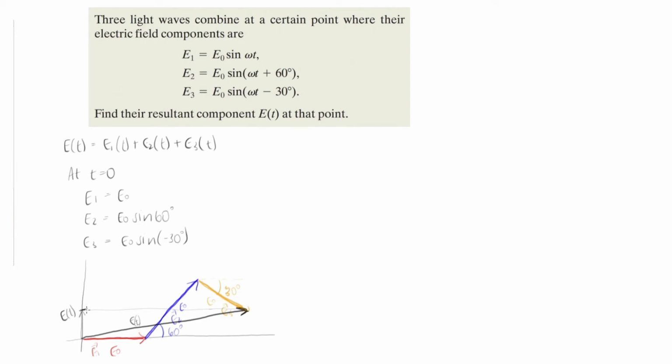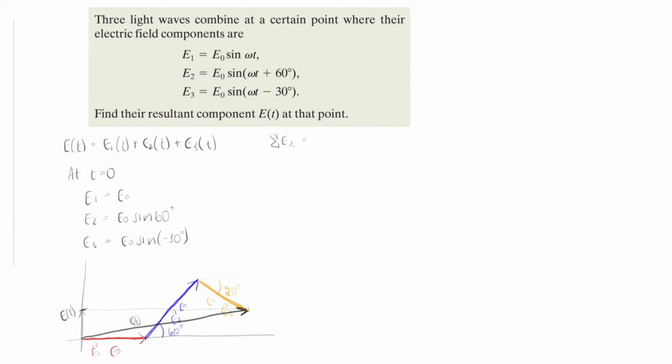Okay, so the way that we add these up then is essentially we need to sum all of our horizontal components and all of our vertical components. So let's do our horizontal components first. I've just labeled it as x. So remember, in accordance with these angles, our horizontal components are going to be given by cos of the angle equals adjacent over hypotenuse.